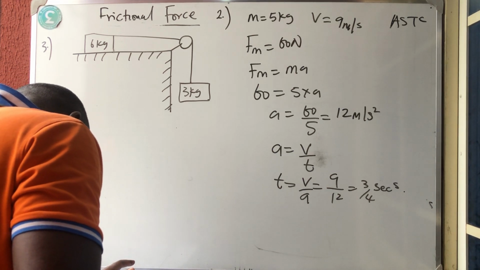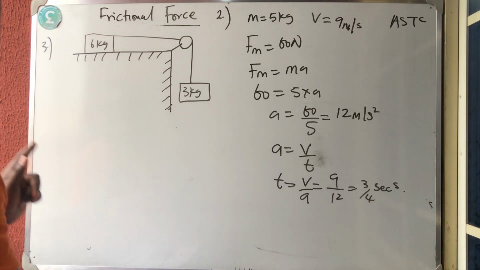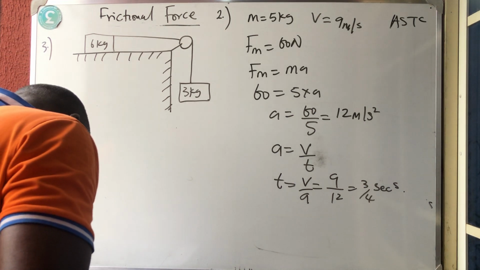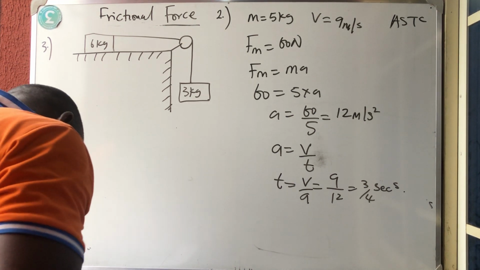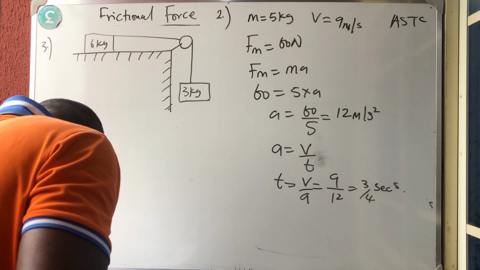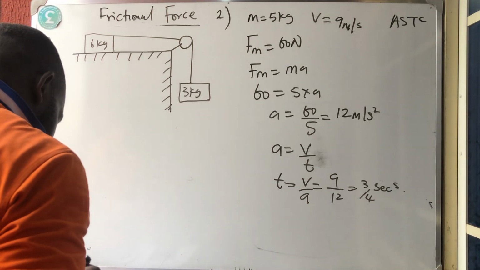Assume the 6 kg mass is sitting on a smooth surface. If it's sitting on a smooth surface, it means no frictional force is affecting it. Then calculate the acceleration of the body.